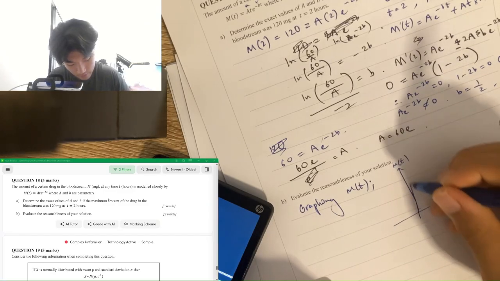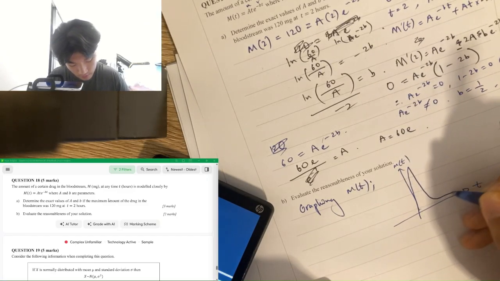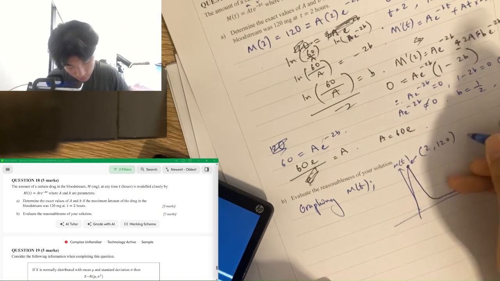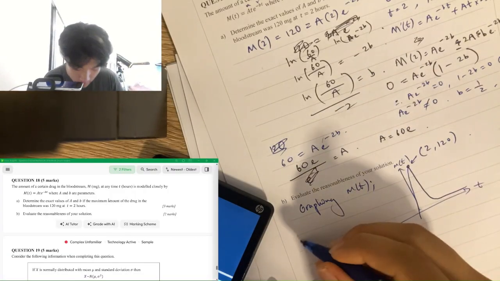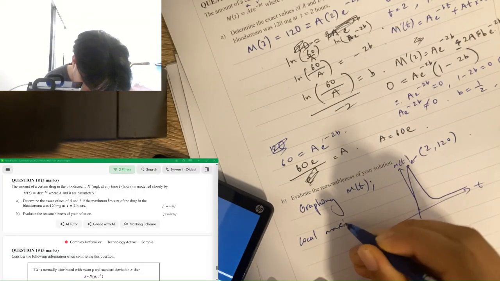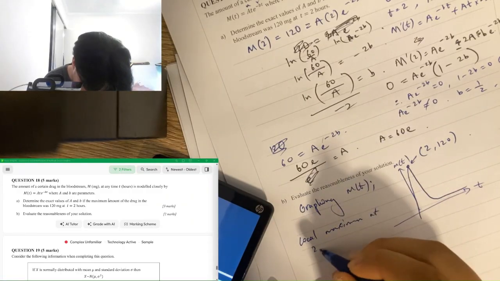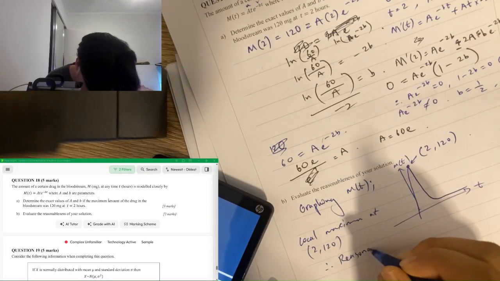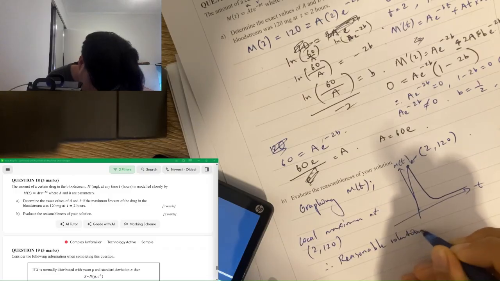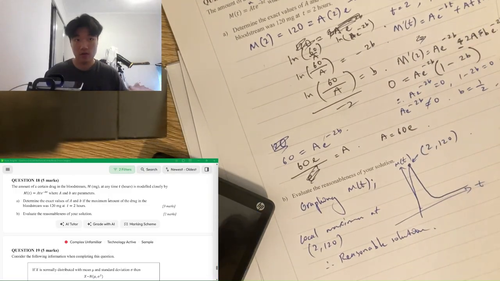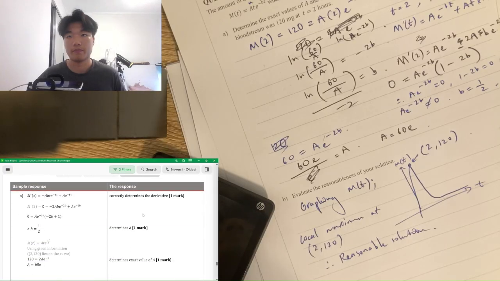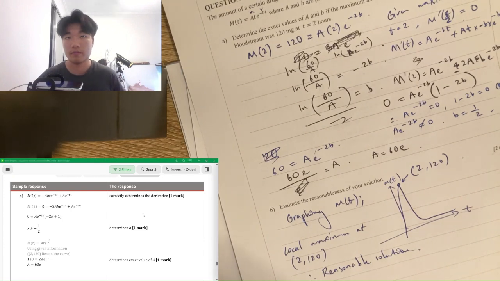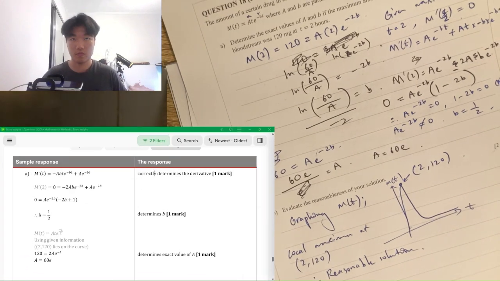Graph it. At 2, 120, the max at 2. Therefore, reasonable solution. Okay. Let's mark our response.